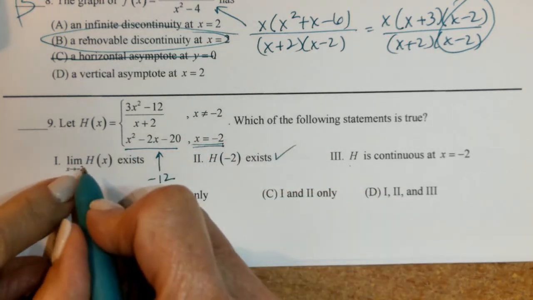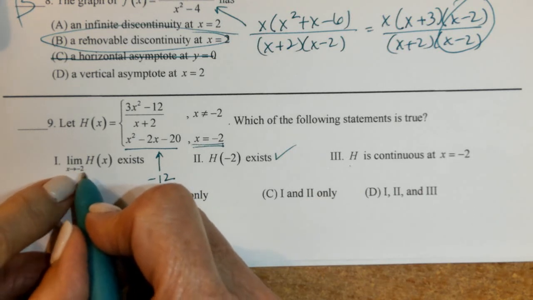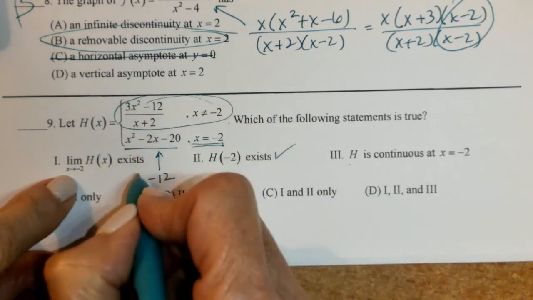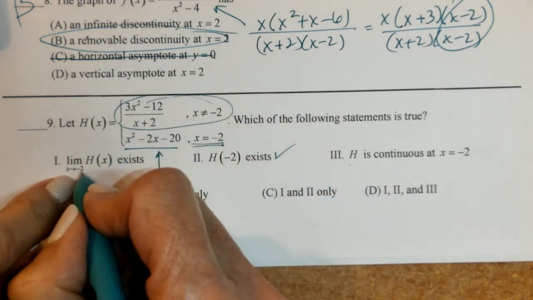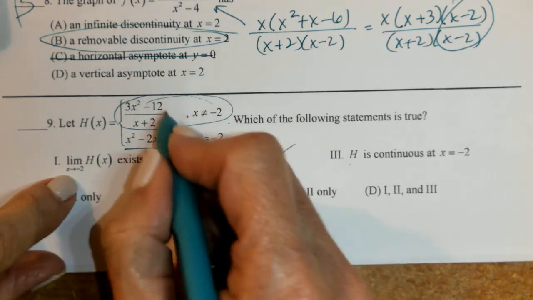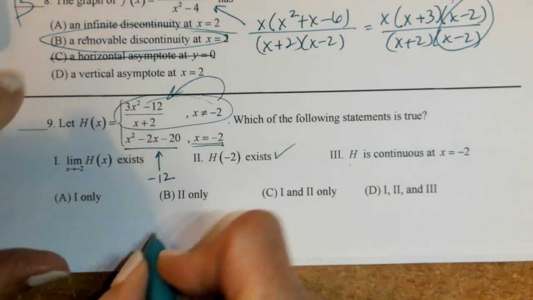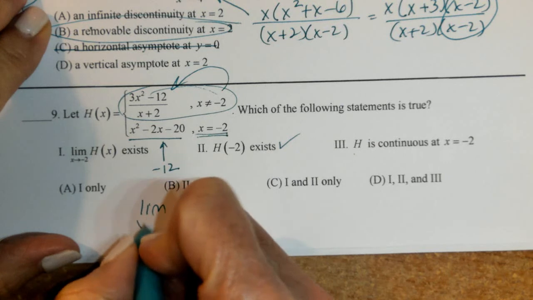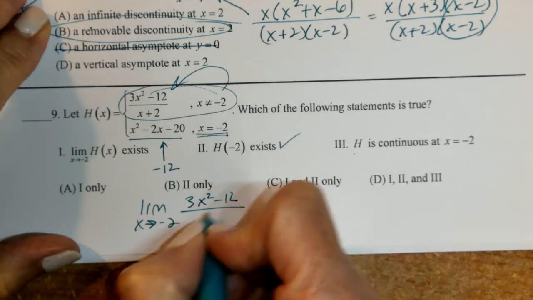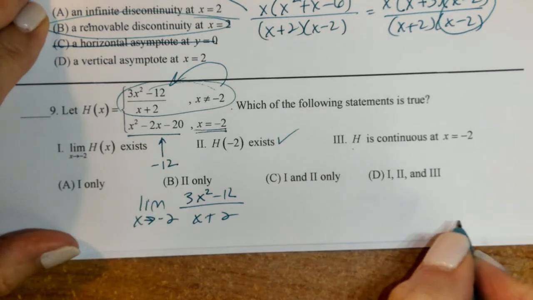Now, does the limit as x approaches negative 2 exist? For that one, we're looking at this, because remember, the limit is not when it's equal to, it's when it's not equal to, but getting close. So essentially, we want to take the limit of this guy. So the limit as x approaches negative 2 of that.